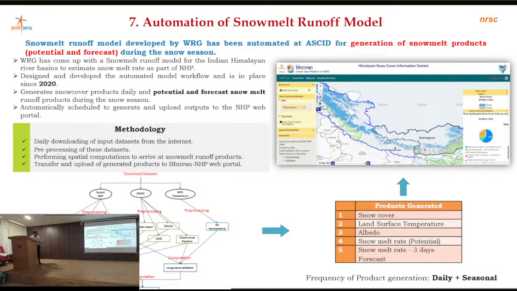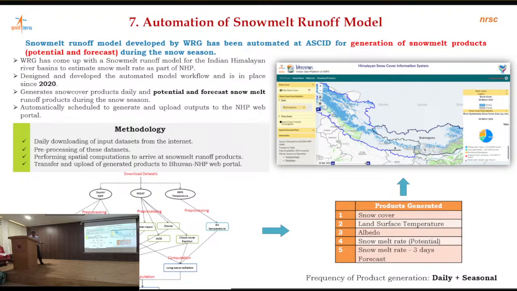Every day, particularly in the peak summer season, around March to June, July, there will be snow melt. So this is the study where we are studying snow melt products and forecasting snow melt in the summer season. This model also we have developed.